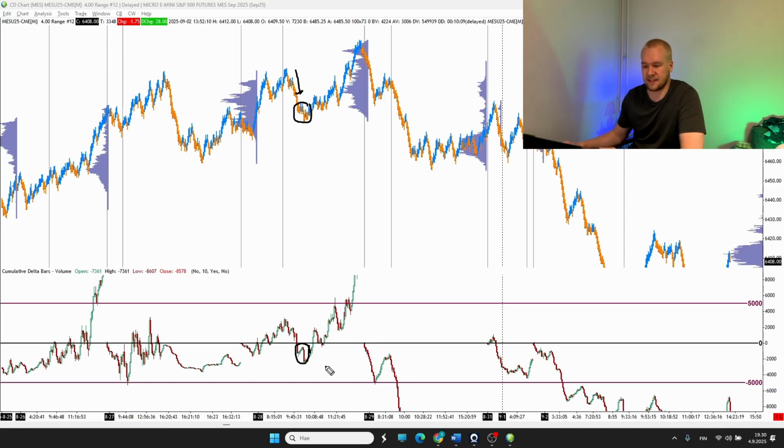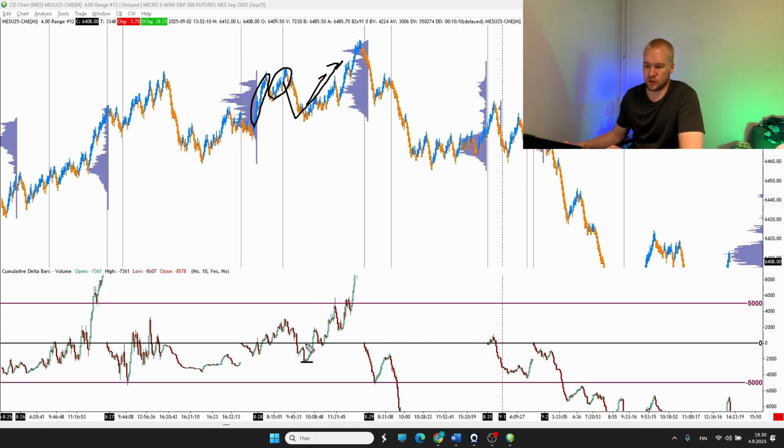I would say that this is absorption, and we can see that price then immediately goes up. So to conclude, we can say that the buyers who are in the market right here, and these buyers also, are now exhausted, and price for whatever reason needs to come lower before it can go up again.